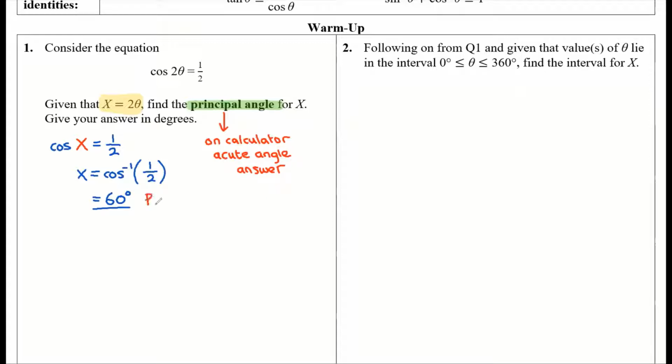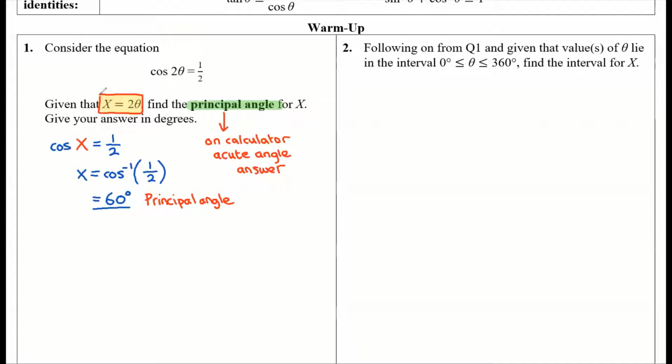So 60 is our principal angle, and we give our answer in degrees. It's just using this substitution: first of all, that removes the 2 theta, and then we've got an acute angle of 60 degrees. Next up, we're going to find how many other solutions there are to this equation.